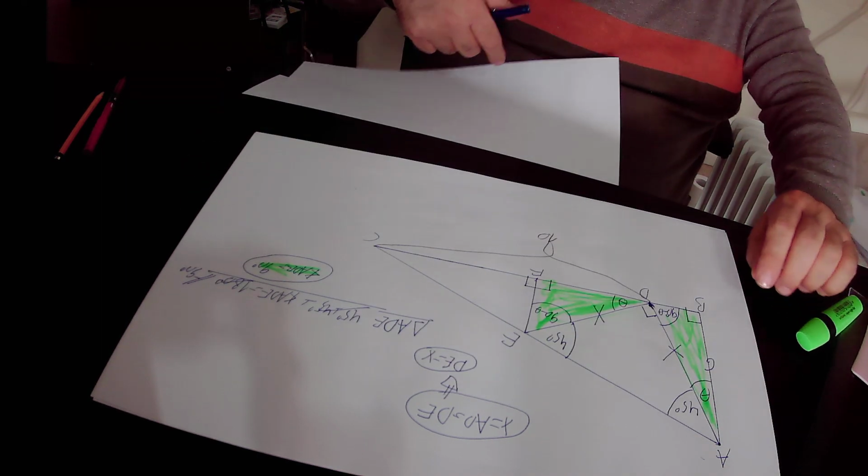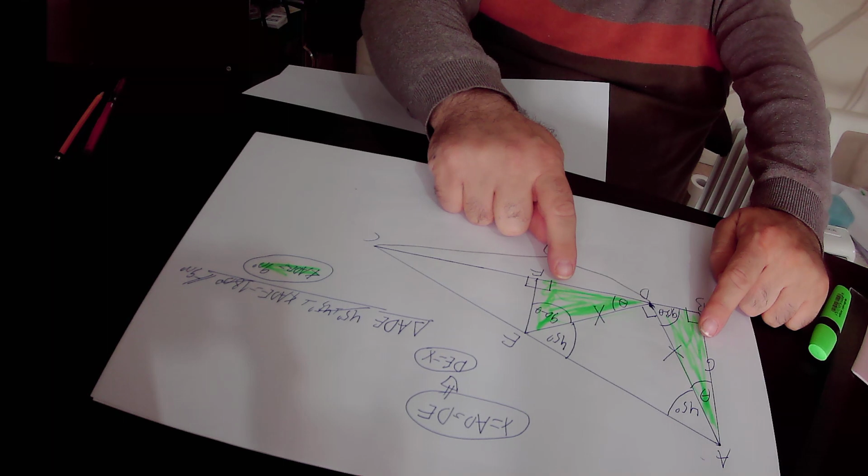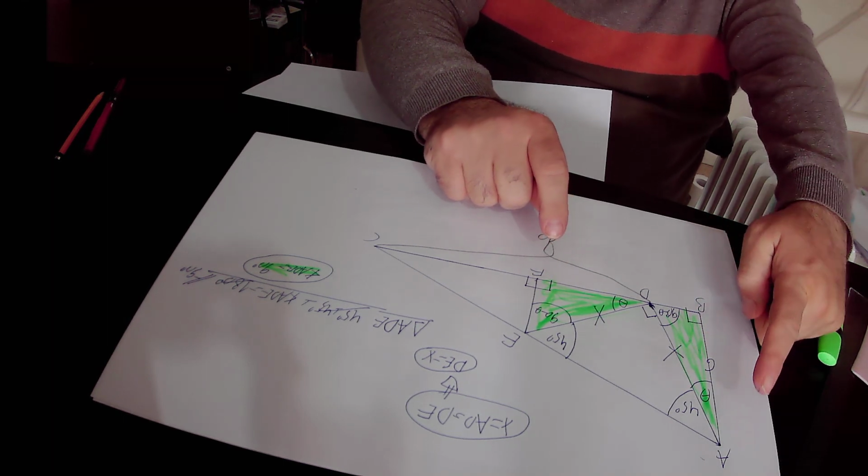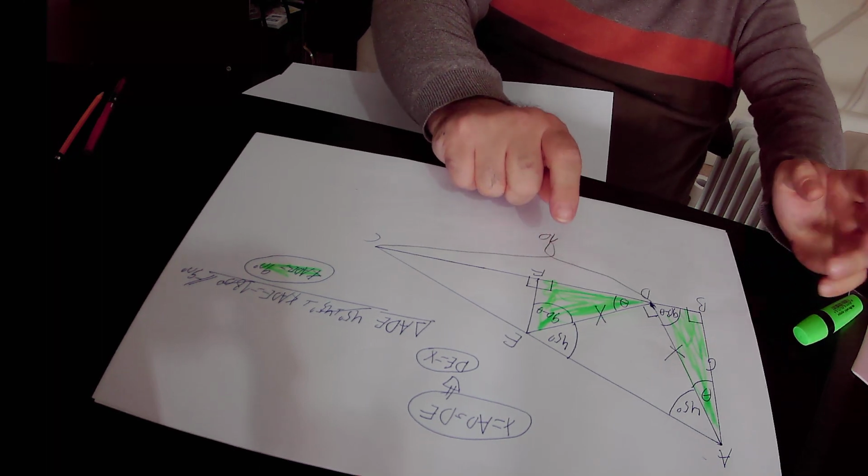Those two green triangles are congruent to each other. Therefore, the corresponding sides, that is to say AB and DF, will be equal to each other.